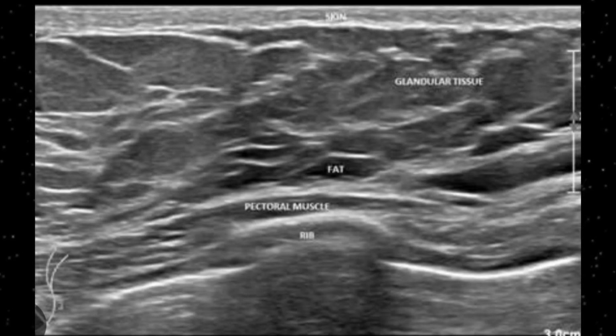This gives you a pattern of breast composition, where you can appreciate any lesion in the breast parenchyma, or any solid or cystic lesion lying behind. So you can confidently appreciate all these compositions and components of the breast on ultrasonography, and always put this on the report, and it would be a very conclusive report.